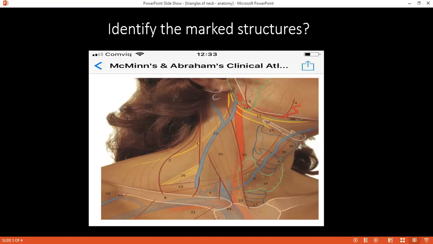How is the thyroglossal duct formed? Thyroid gland, foramen cecum. Thyroglossal duct is a connection between the foramen cecum and the thyroid gland. And it passes forward, loops around the hyoid bone.